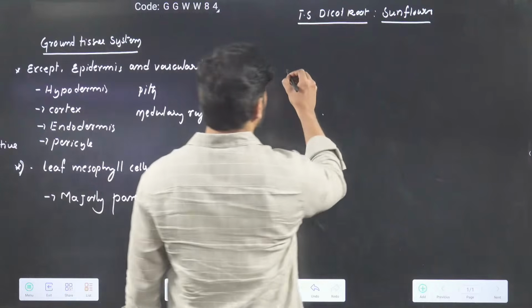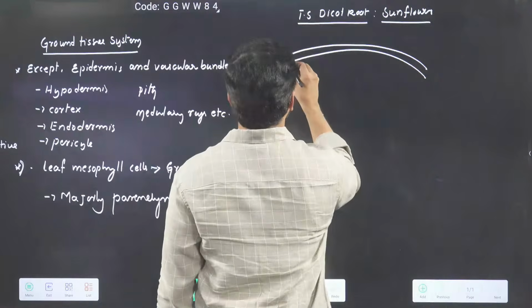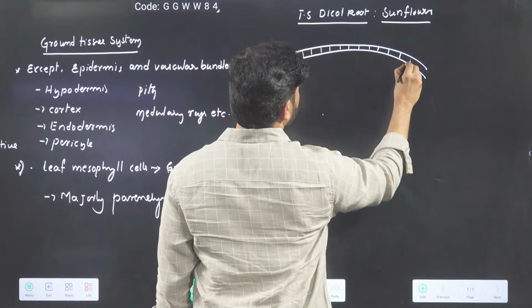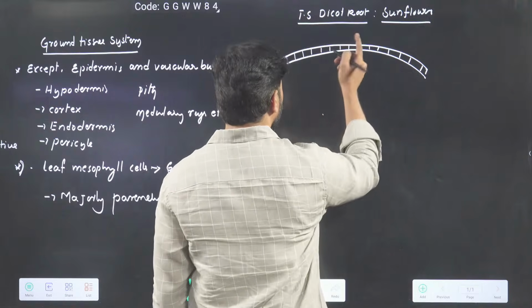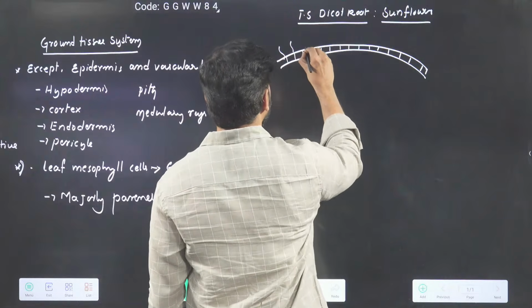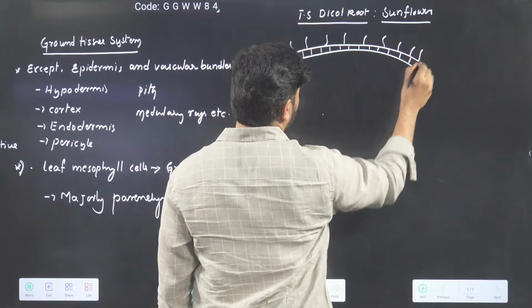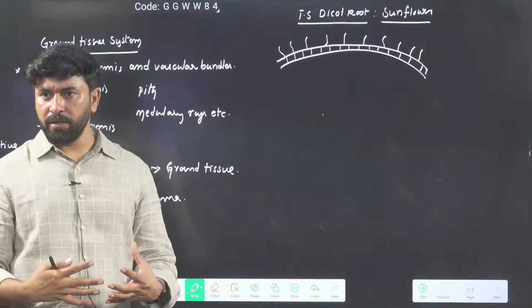First, outermost layer is obviously epidermis. What are the characters of epidermal cells? They do not have intercellular spaces. Now, since you are talking about root, do they have hair? Yes, they have hair. They are root hairs. Is the epidermis covered by cuticle?